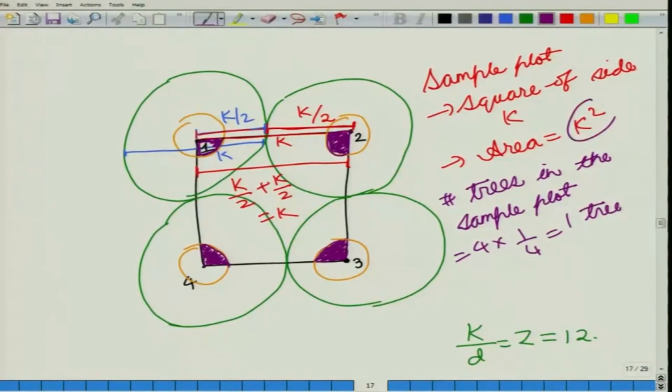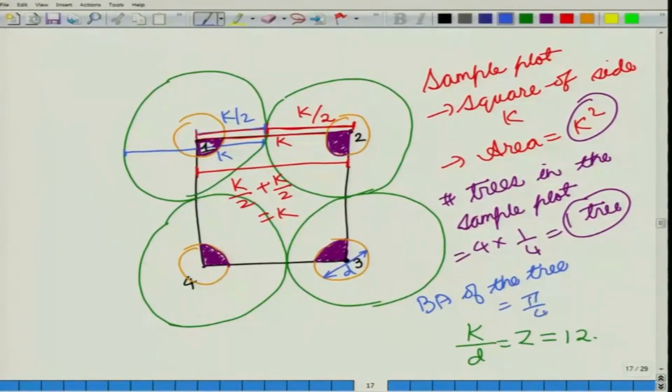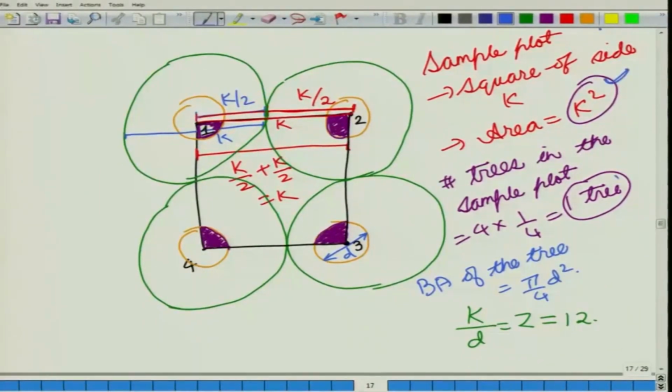So, now in this area of k square we have 1 tree. Now, how much is the basal area of that one tree? Because this tree has a diameter of d, the basal area of the tree is given by pi by 4 d square. Now, that is the basal area of one tree, but in our sample plot of k square area we only have one tree.